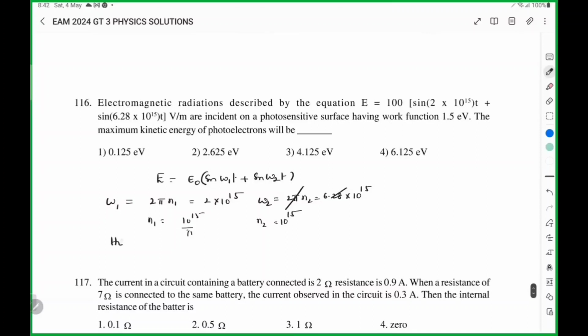So obviously the higher frequency wave has maximum kinetic energy.